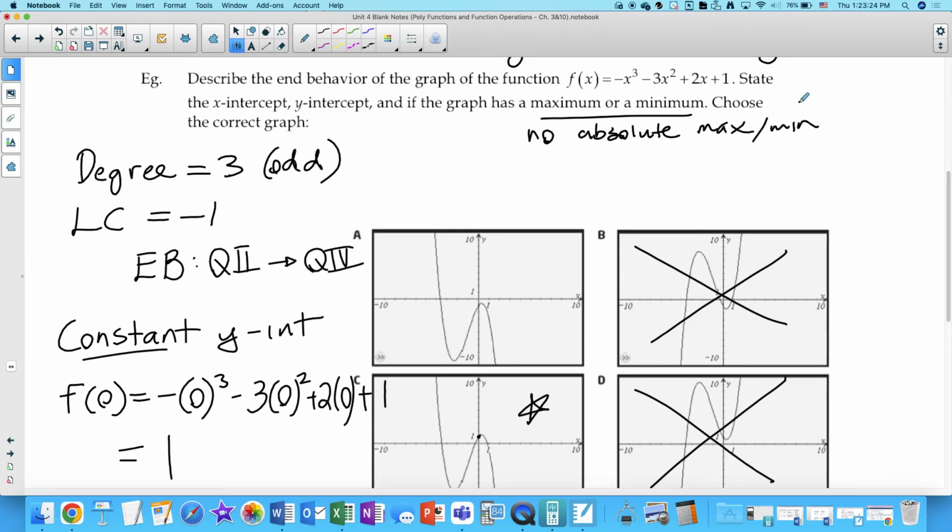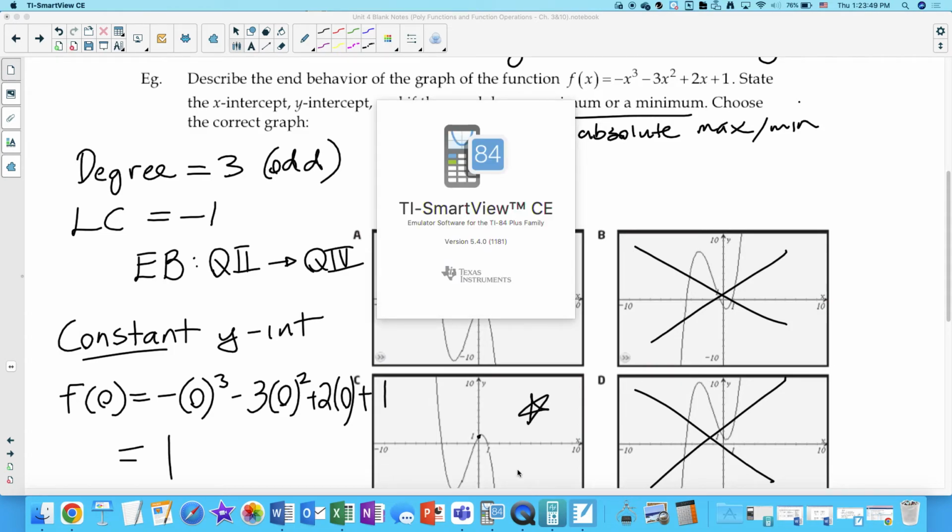Now at this point, for this particular function, all we can do is use technology to find the x-intercepts and the local max or mins, or if there is an absolute one, we could do that too. You guys have done this before. When I look at it, it looks like they're irrational, right? I'm trying to look at the scale. It doesn't look like they're right on the little ticks.